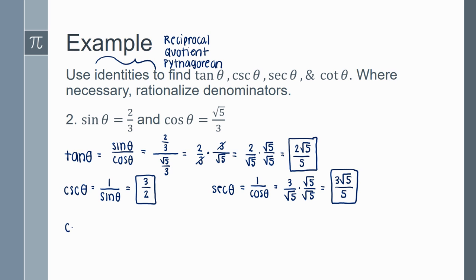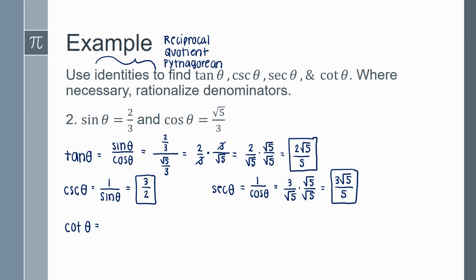Moving on to the last one, cotangent of theta. This one you probably have the most options because now that you have every trig ratio except for that, honestly, you can use any of the reciprocals, the quotients, or the Pythagorean identity. So it's just a matter of which one's probably the fastest. Once again, probably the fastest is going to be the reciprocal.